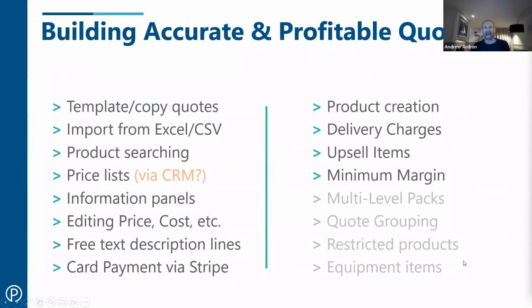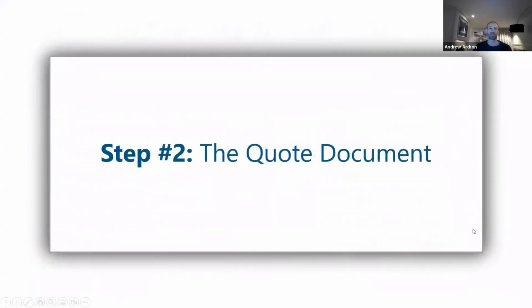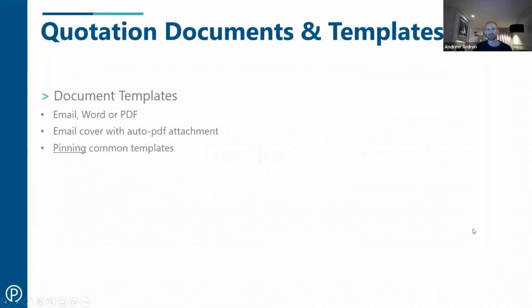So we build an accurate and profitable quote. Inevitably, the next thing we'll be able to do is actually send that out as a document. So let's talk about that for a second.